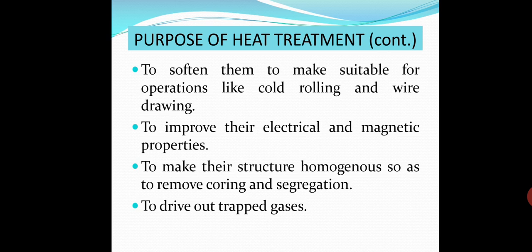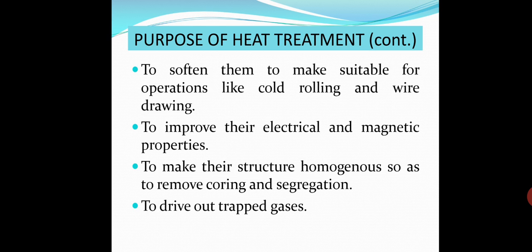Then to soften the material for further operation. Suppose we have done a hot working process and that material is not suitable to undergo another cold working process such as cold rolling or wire drawing. So in between this hot working and cold rolling, we have to soften the metal.